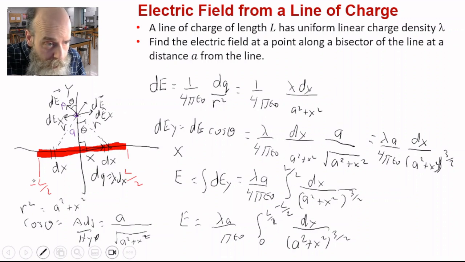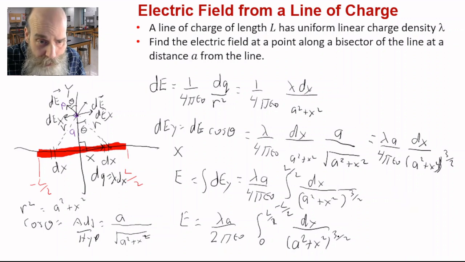So I'm going to change that to lambda a over 2 pi epsilon 0. So let's solve this integral to get the electric field.